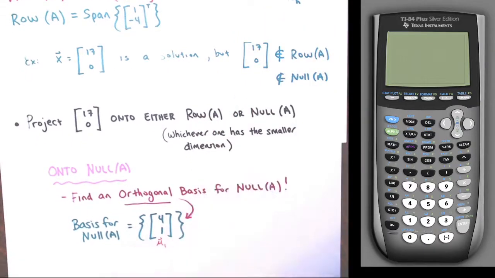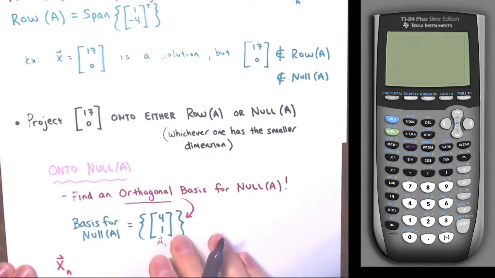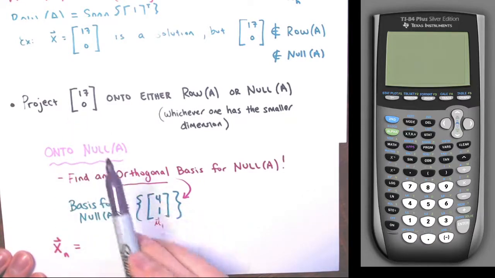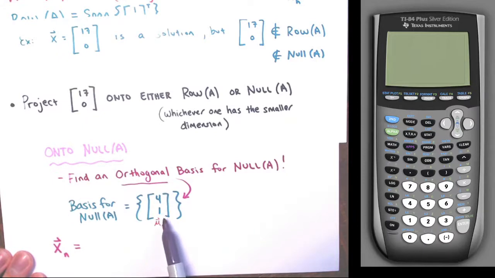And remember the projection vector, if I'm projecting onto the null space, that's going to be xn. I said I had xr plus xn. We're projecting onto the null space, so xn is the sum of the projections of 17, 0 onto every vector in the orthogonal basis.